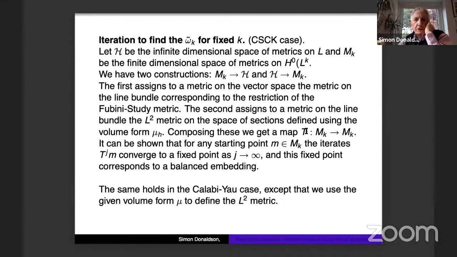So if we take the composition of these two, we get a map, say T, from the space of Hermitian metrics on this vector space to itself. And one can show that if you take any starting point, any Hermitian form, and then just iterate this map, it will converge to a fixed point, and this fixed point corresponds to the balanced embedding that we seek.